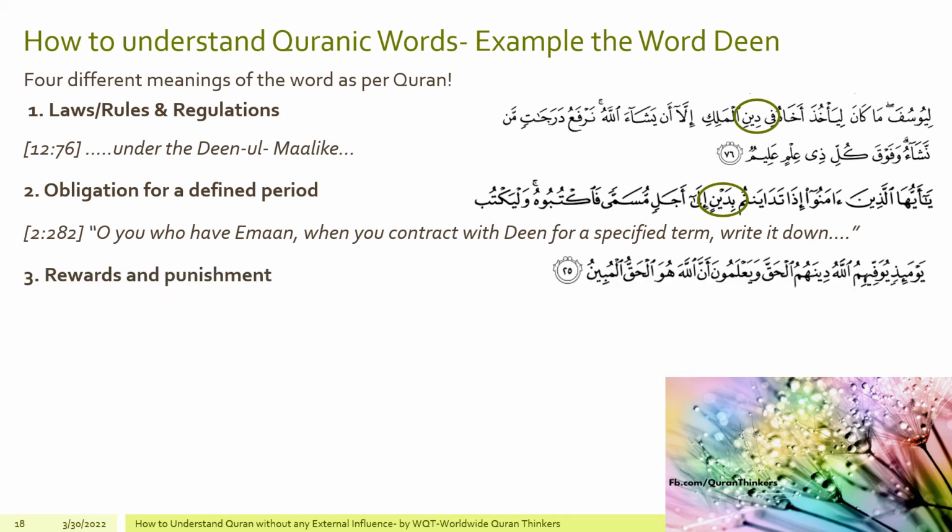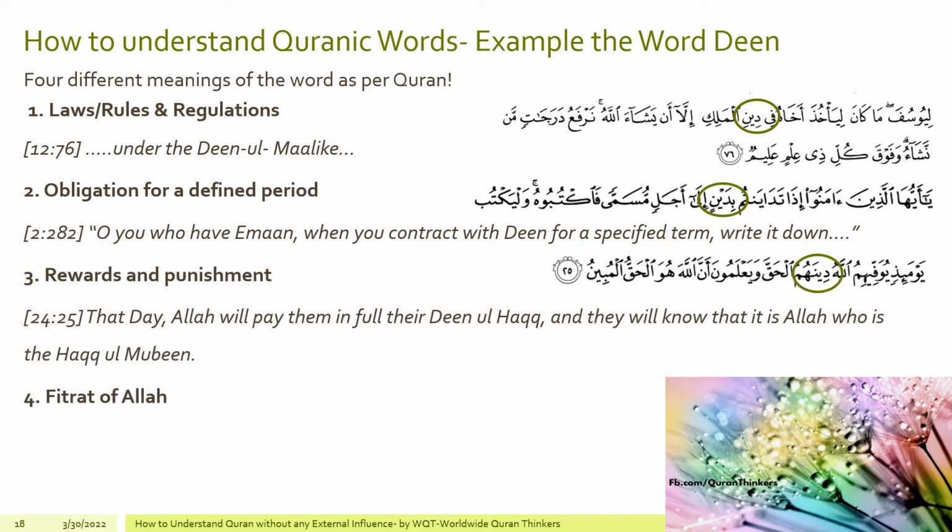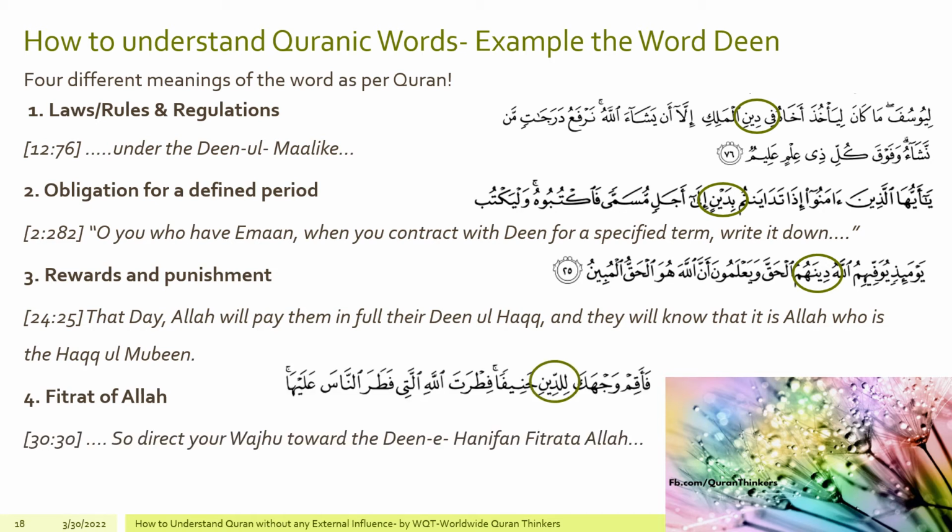It's also used in the Quran in the meaning of rewards and punishment, payback, recompense. And it's also used in the meaning of fitrat of Allah. So for instance here, so direct your wajah towards the deen hanifan, fitrat of Allah, which means all those desired characteristics that Allah would like to see in us, which are basically fitrat of Allah.